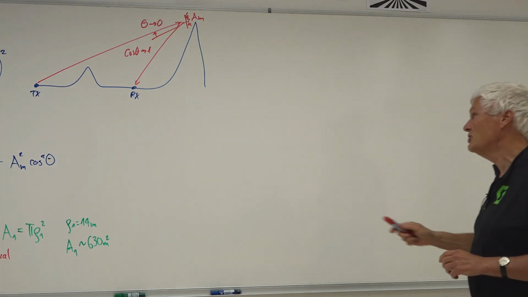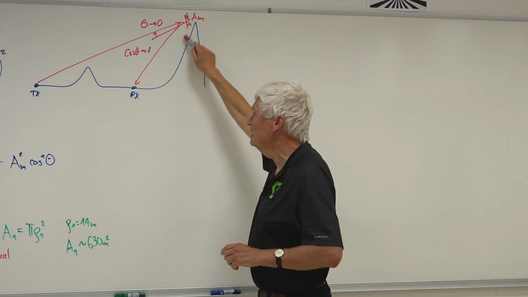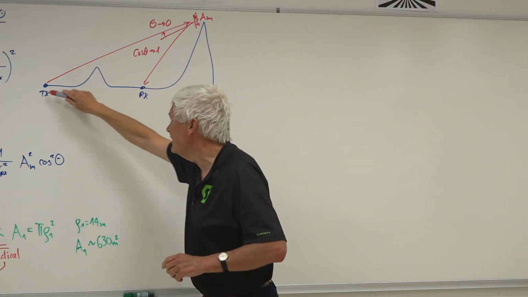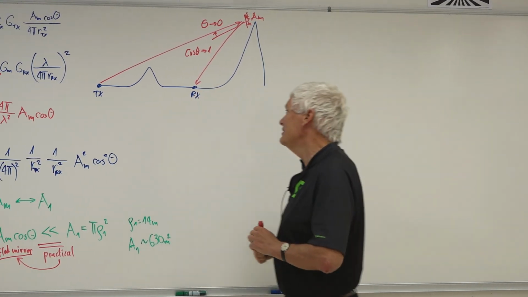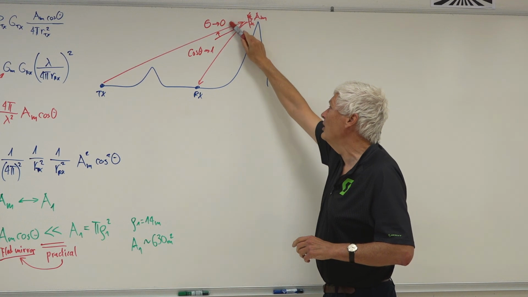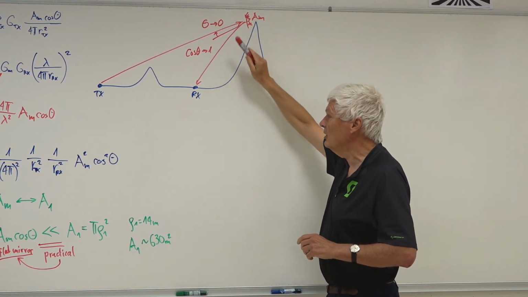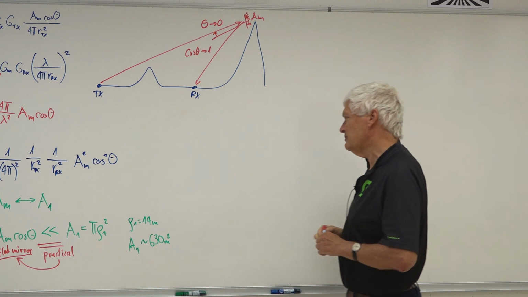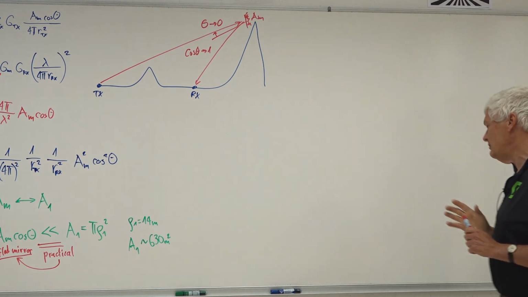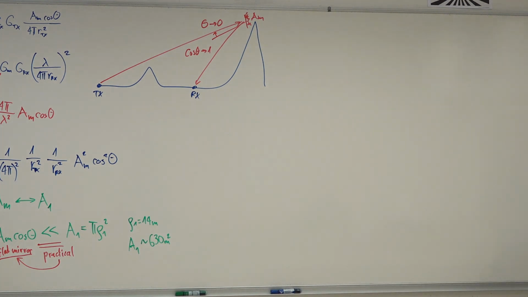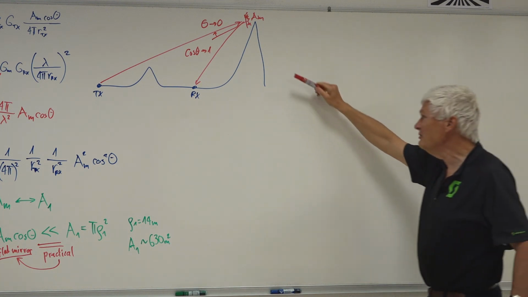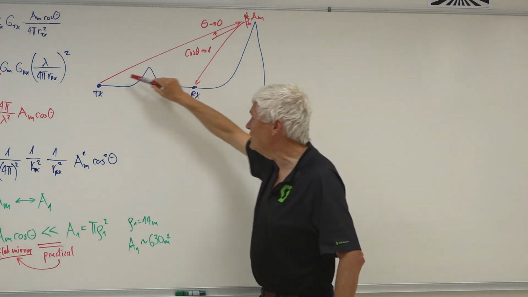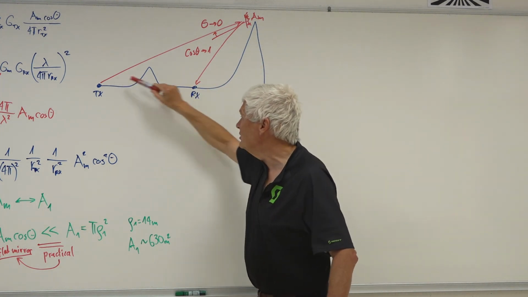So this is a good solution to place mirrors outside of our direct connection between the transmitter and receiver, to have the theta going towards 0, having cosine theta going towards 1, so having a very efficient use of the area of this mirror. And this was actually built in many locations. There are many such mirrors located in quite strange locations, because the location of the mirror is usually not close to the transmitter and receiver.